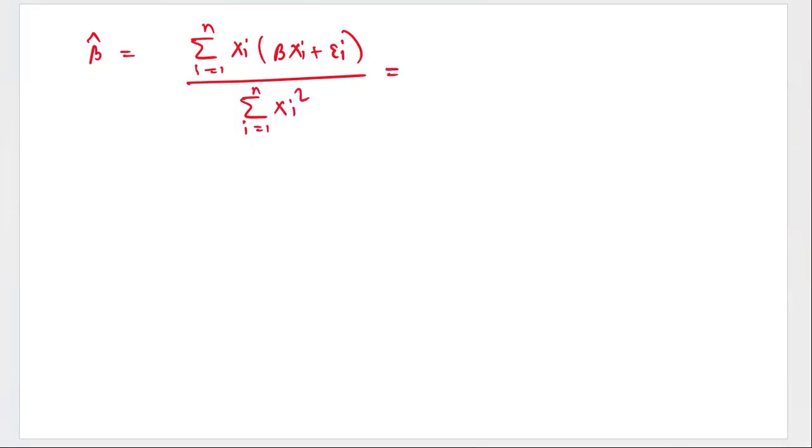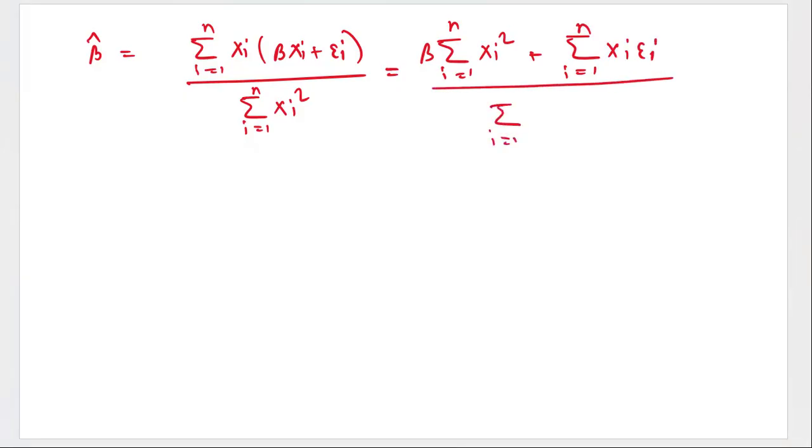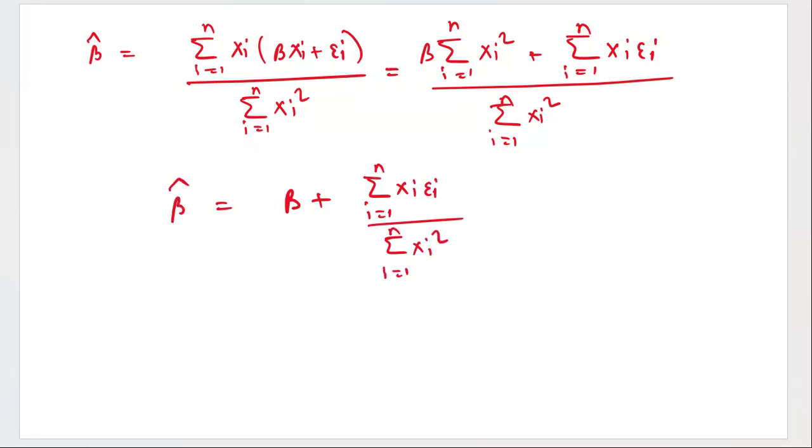Now, if you multiply, summation i from 1 to n, this beta will come out, with xi squared, plus summation i from 1 to n xi epsilon i. So this will be simply beta plus, since the summation xi squared will go out, summation i from 1 to n xi epsilon i upon summation xi squared. So this is what beta cap is.